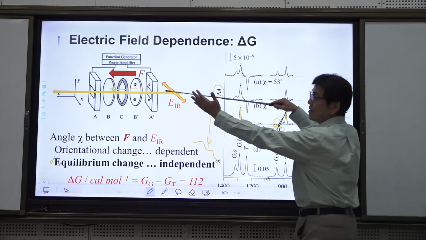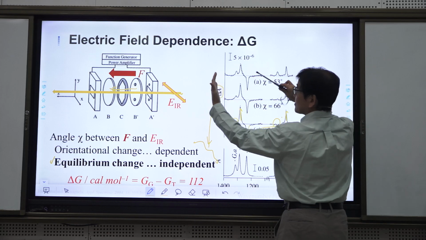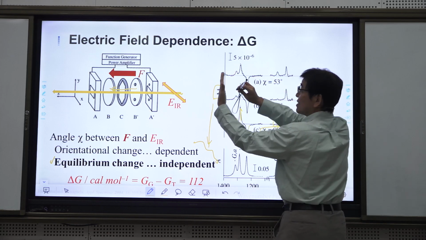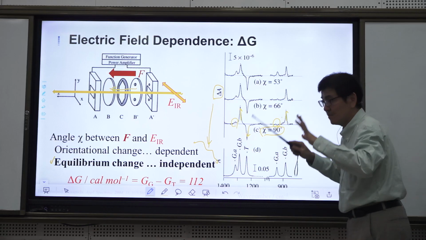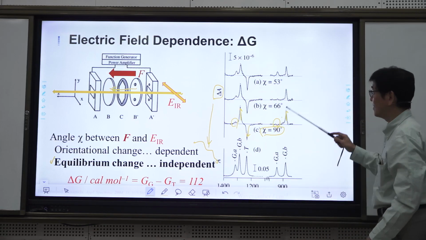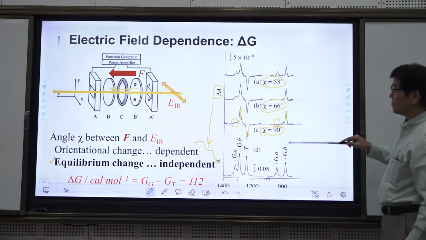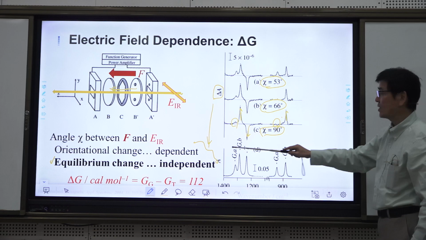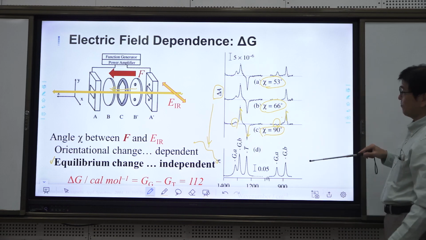Then by rotating a cell with respect to the applied IR electric field, we can suppress the orientational change signal. So by rotating gradually, the orientational change component becomes diminished.